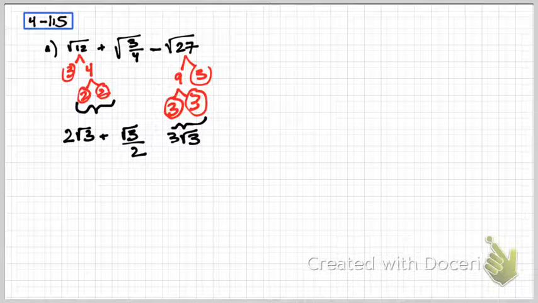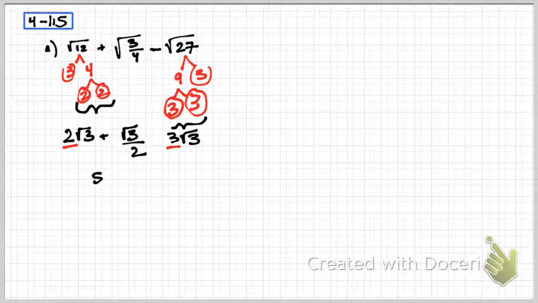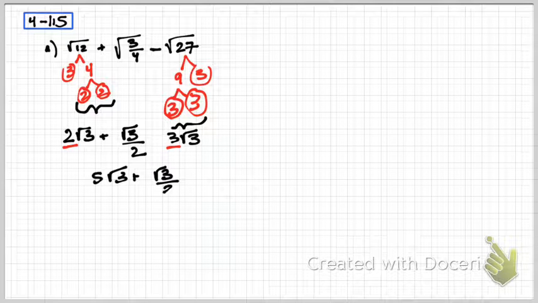So we're going to combine these. We have 3 and 2 for a total of 5. So it's 5 rad 3 plus rad 3 divided by 2. Let's get a common denominator here.